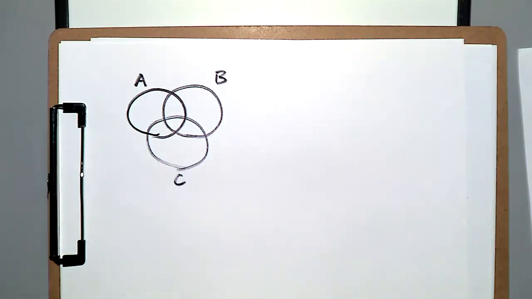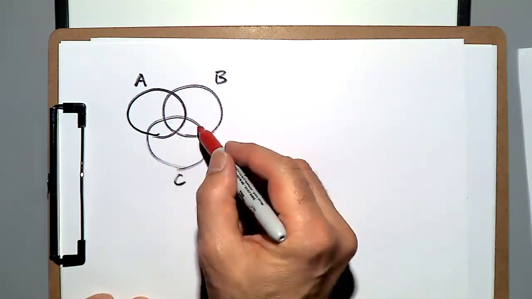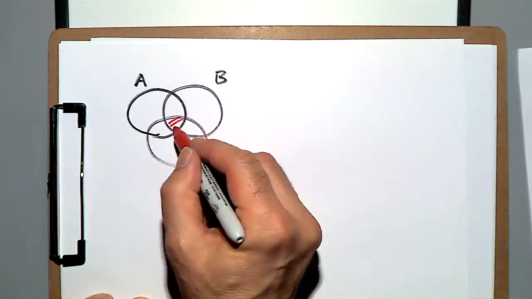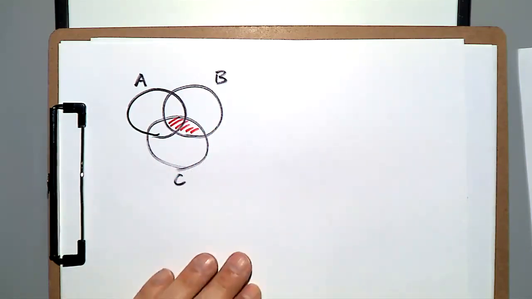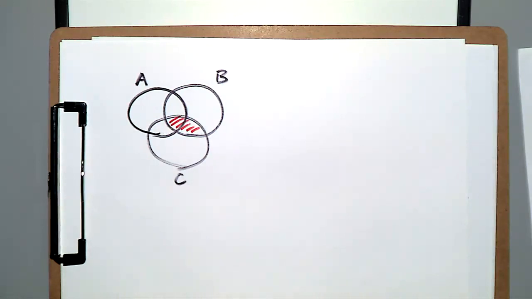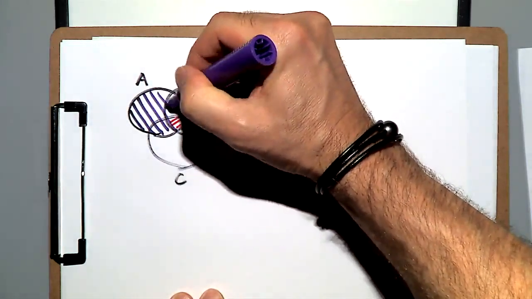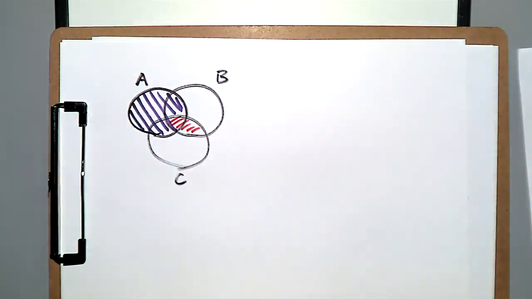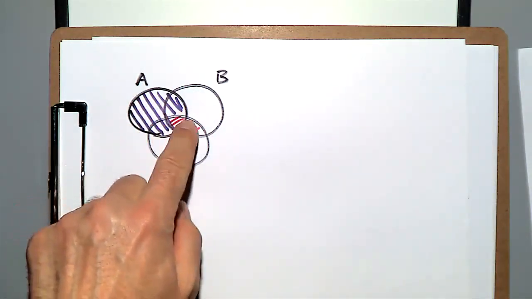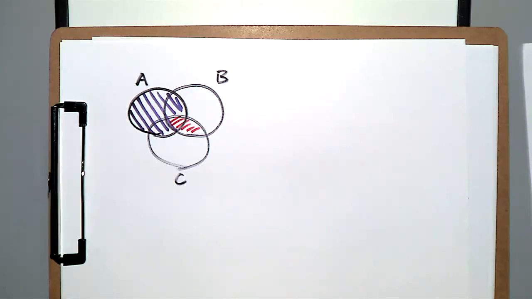This is set B, this is set C, so the intersection of B and C would be this area. And then union A, so we have to take this together with all the elements that are in A. So A union intersection B and C would be exactly these 2 areas together.